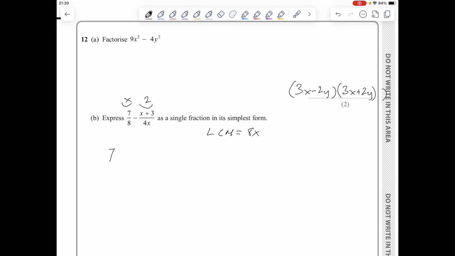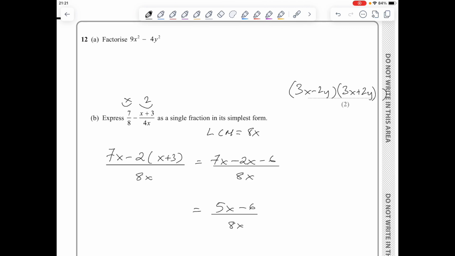So I'll get 7x minus 2 times x plus 3 all over 8x. So now let's expand. 7x minus 2x minus 6. Denominator stays the same. And now if I simplify, I'll get 5x minus 6 all over 8x.